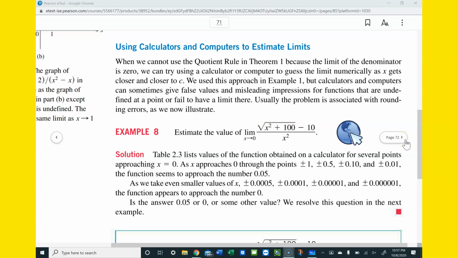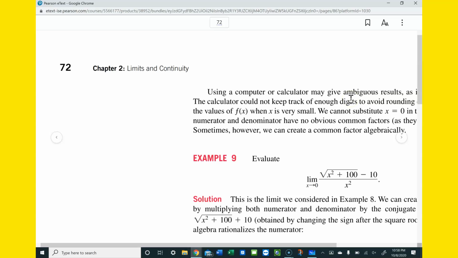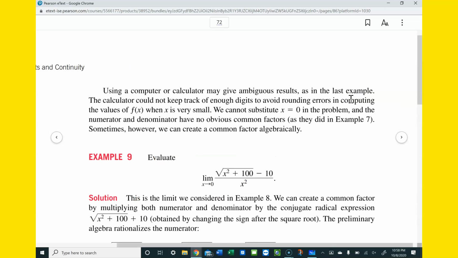That's associated with how the calculator makes those calculations, and sometimes it has to do with rounding errors. In other words, the most reliable way is to do these things algebraically or graphically.